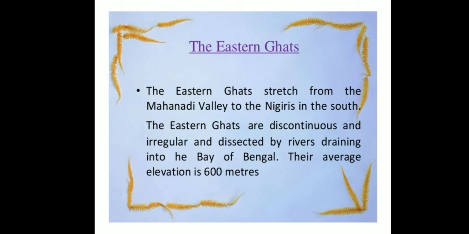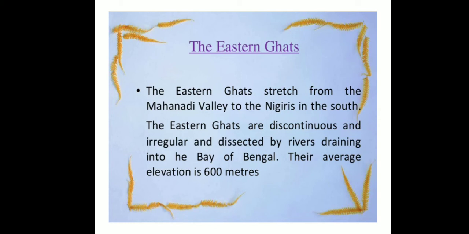After that, we have Eastern Ghats. The Eastern Ghats stretch from the Mahanadi Valley to the Nilgiris in the south. That means these Ghats are moving from the Mahanadi river towards the Nilgiri hills in the south.